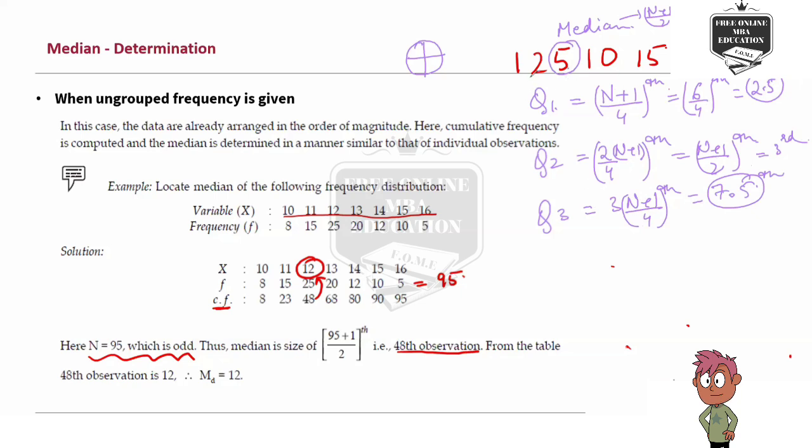So if I plot it here, 1, 2, 3, 4, going up till 15, 16 suppose, this would be my maximum value. This would be my minimum value. The Q2 was coming out to be 5 here.